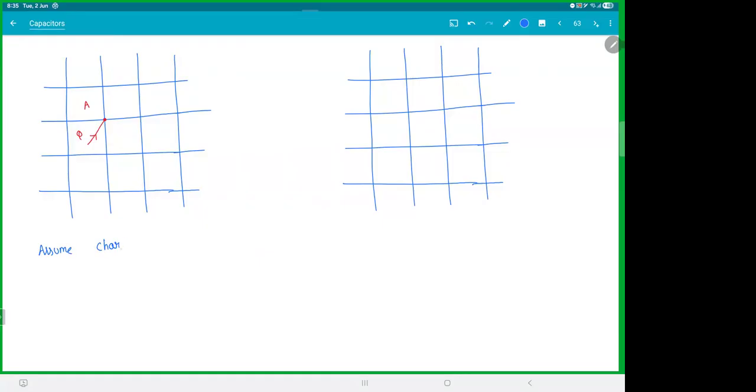Assume charge Q enters A and spreads across the circuit till infinity. So infinity is your second terminal, meaning you're keeping the battery between A and infinity.